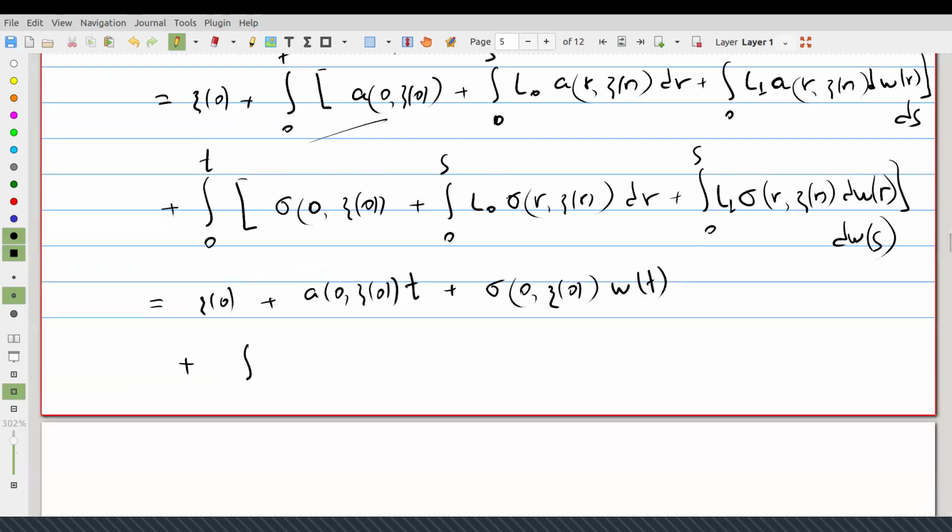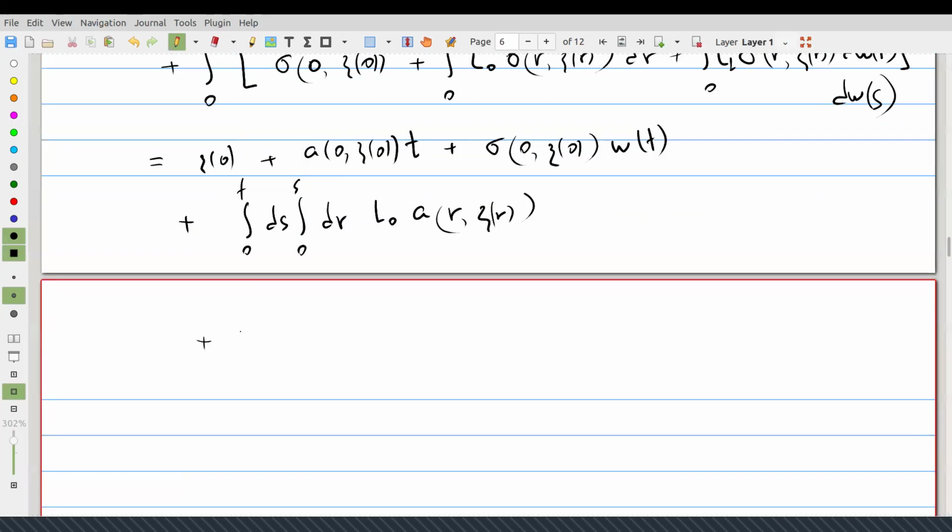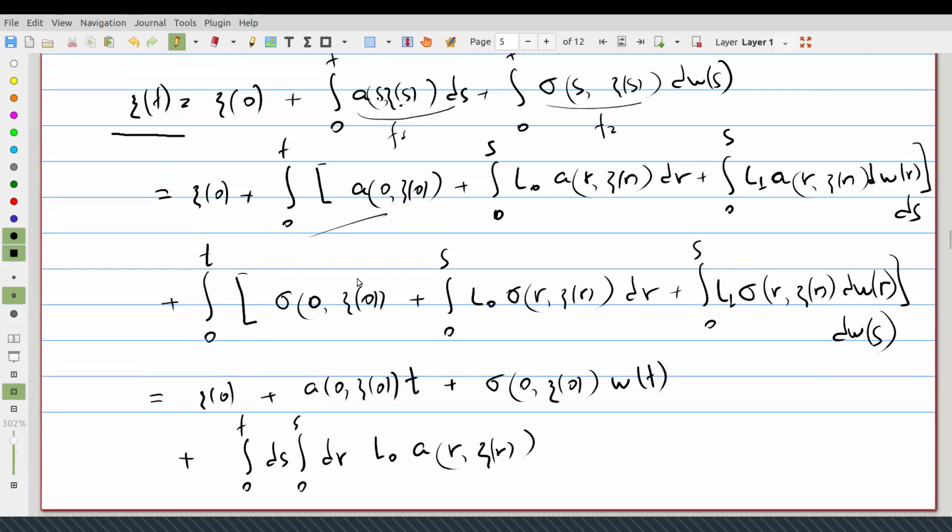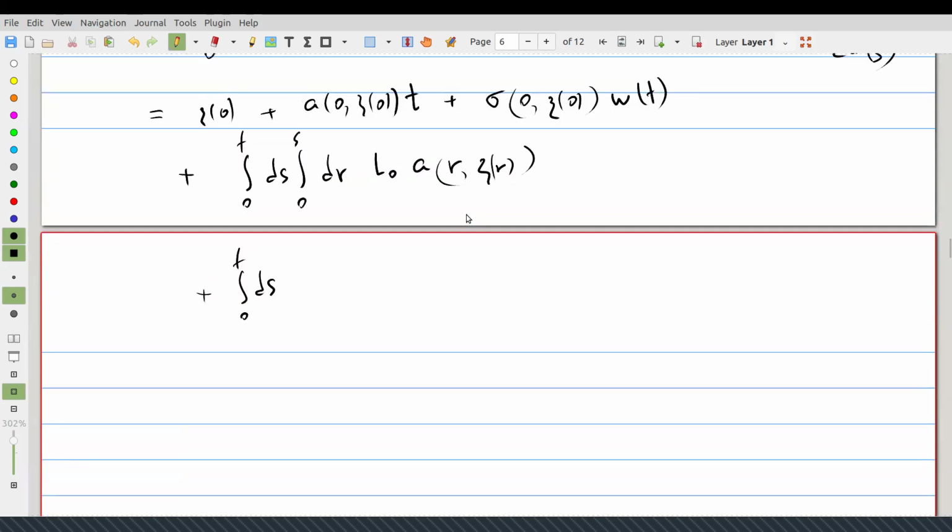The first integral is the iterated ds dr, an iterated Lebesgue integral. Now we have two integrals, ds dW_r with L1.